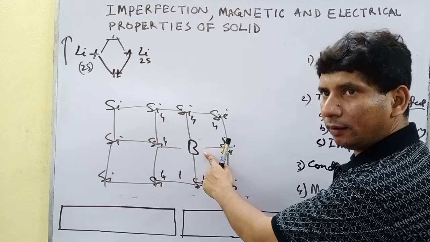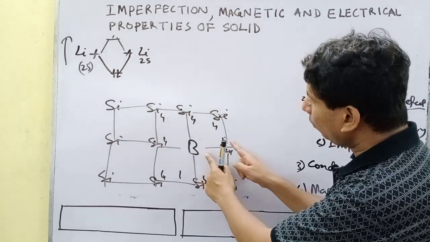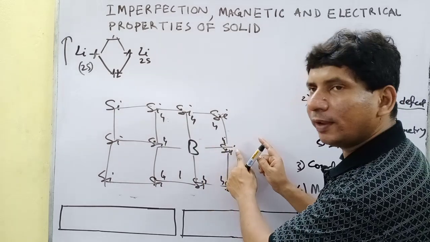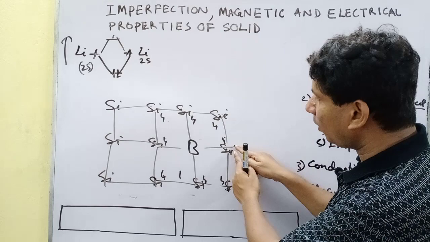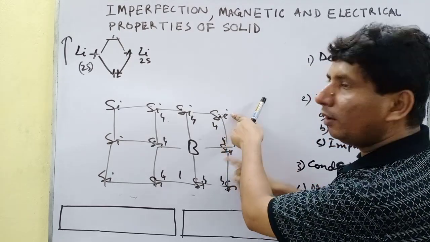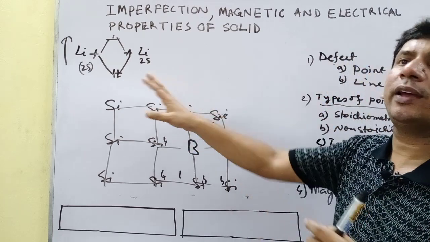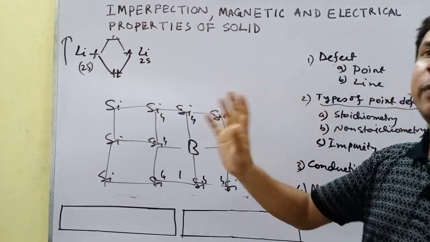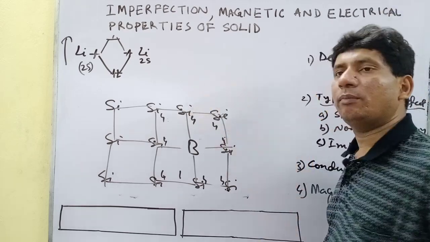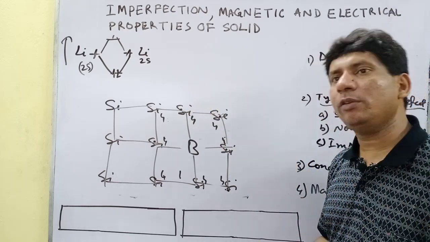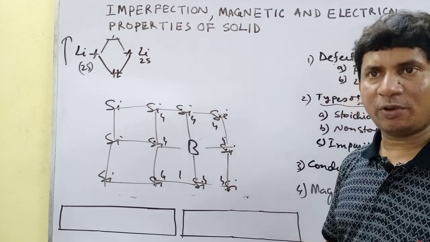This is a 3 electron system in its outermost shell. Then 1 electron will move here, then there will be a hole. Then from here 1 electron moves towards this silicon, then there will be a hole. Then from here 1 electron will move here, then there will be a hole. In this way holes will be moving through the system, and it will be a positive or p-type semiconductor.